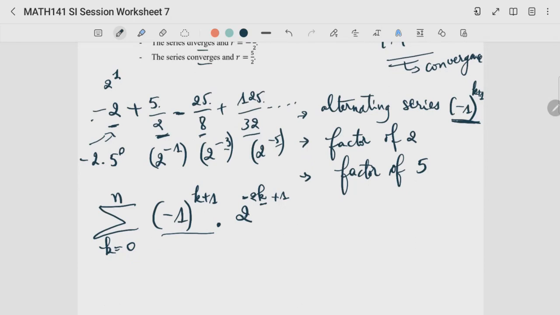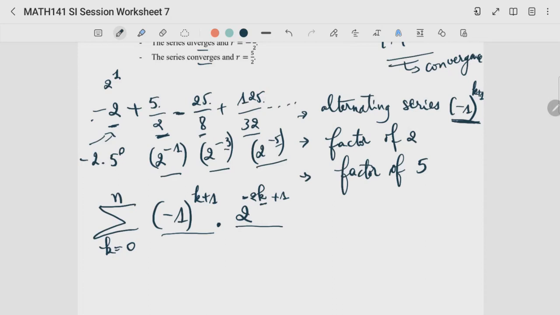So you have 2 to the -2 times 1, which is -2, plus 1, which is -1. So you have 2 to the -1. Works for the second term. What about the third term? You have 2 to the -2 times 2, which is -4, plus 1, -3. So you have 2 to the -3, which works for the third term as well. And if you try for the fourth term, you'll see that it works as well. So we have found our term in 2.